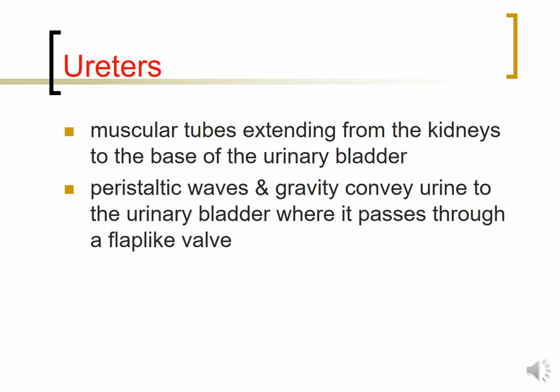Peristaltic waves are the rhythmic contraction of smooth muscle. So you can have urine go from your kidneys into your bladder while you're sleeping or lying down. Gravity assists, obviously, but it's not essential or necessary.